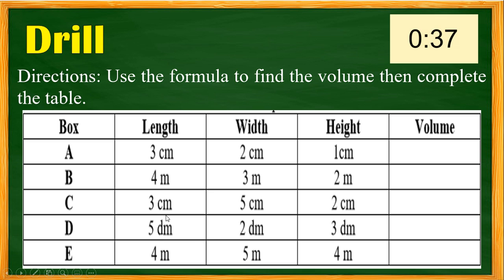And then for letter C, we have 3 centimeter, 5 centimeter, 2 centimeter. And then letter D: 5 decimeter, 2 decimeter, 3 decimeter, and for letter E: 4 meter, 5 meter, and 4 meter. So if you're done, comment down your answer in the comment section below.